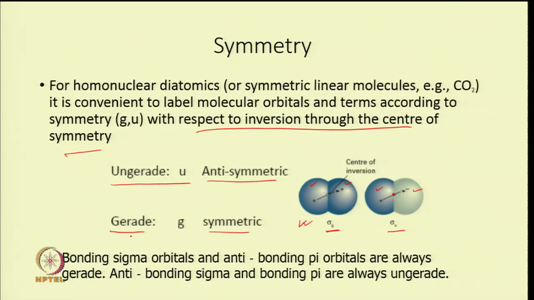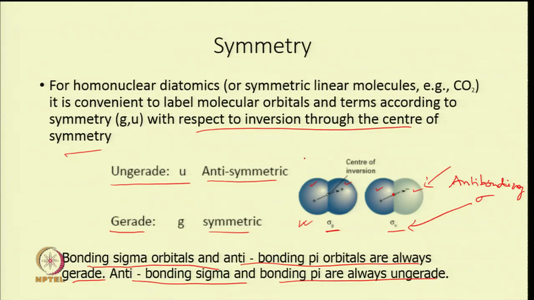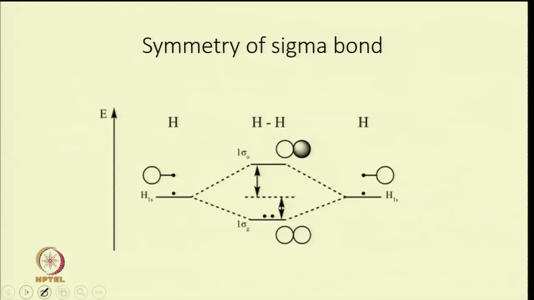What is generally observed is that bonding sigma orbitals and anti-bonding pi orbitals are always gerade, whereas anti-bonding sigma and bonding pi orbitals are always ungerade. So look at this: this is your anti-bonding sigma orbital and that is ungerade, whereas this is the bonding sigma orbital and this is gerade.